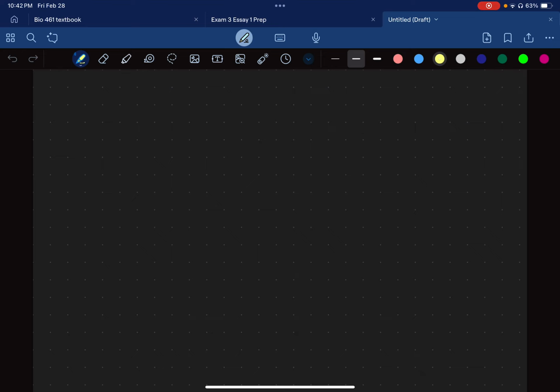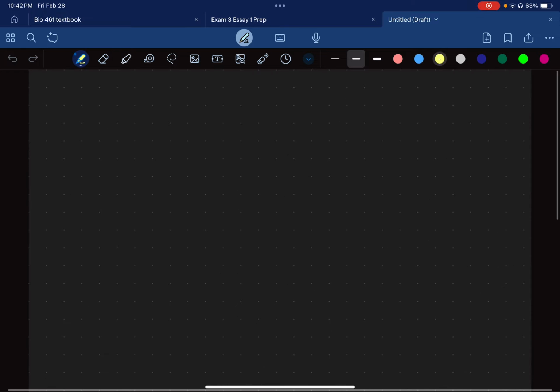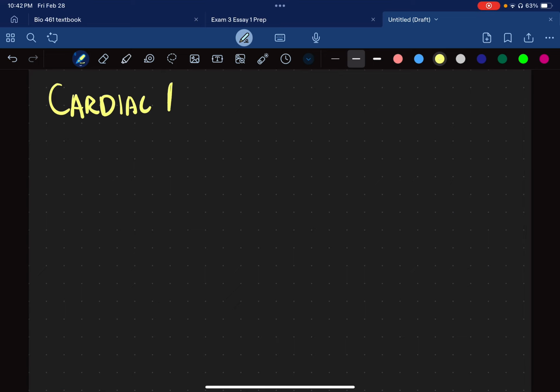Tonight I'm going to be explaining a little bit about the heart and how it works. First, I want to start off with the different cardiac action potentials. There's two different types of action potentials in the cardiac muscle cells.